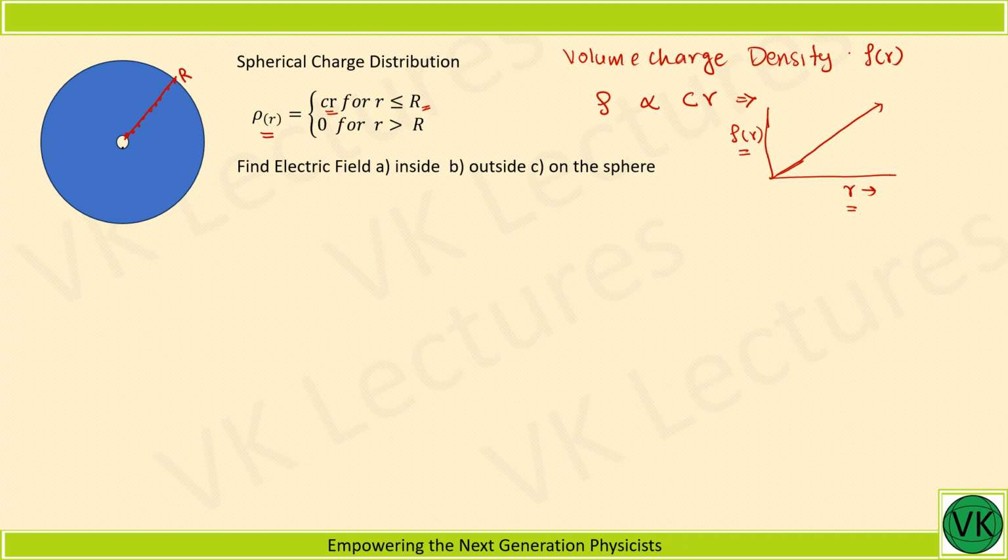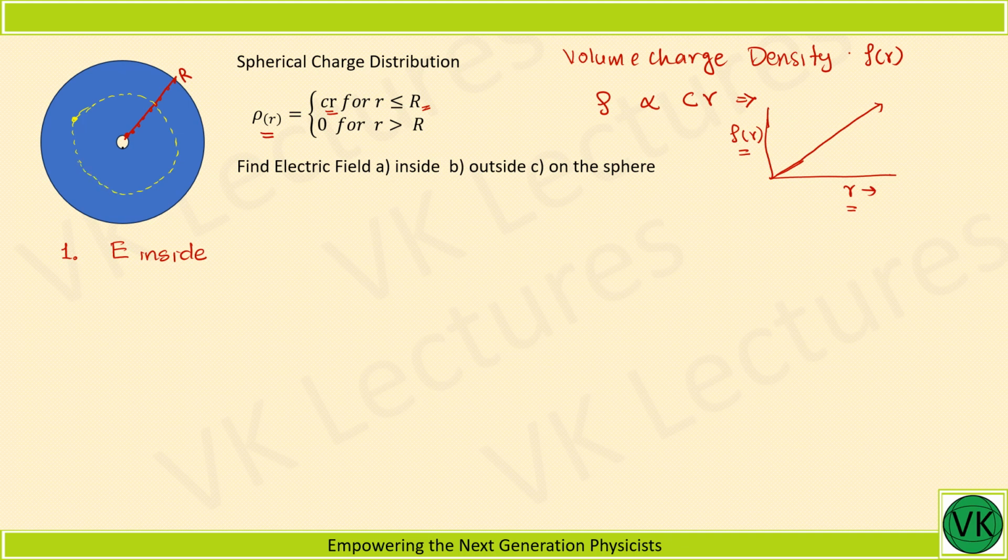Which indicates that this is a non-uniform charge distribution. Now we have to find the electric field inside. So let's take a point inside, somewhere over here, where we have to draw the Gaussian surface.